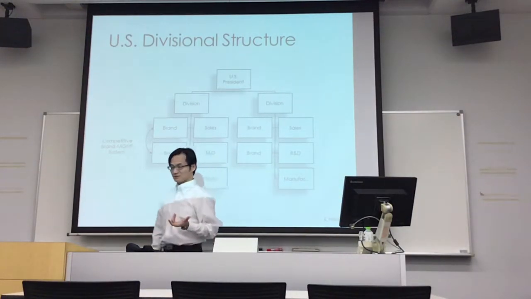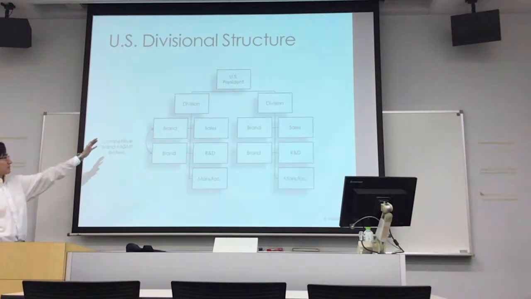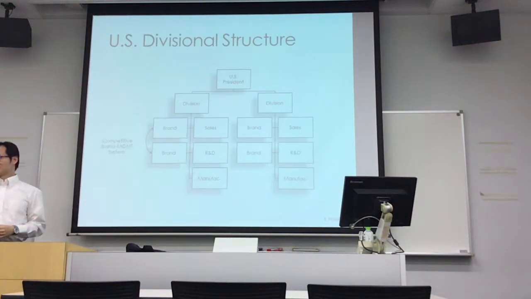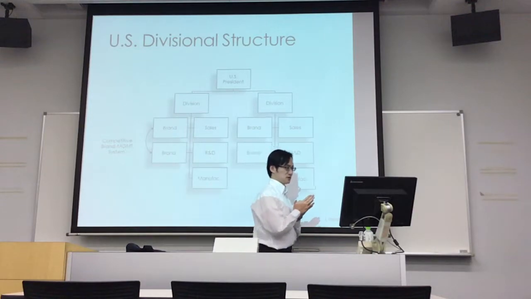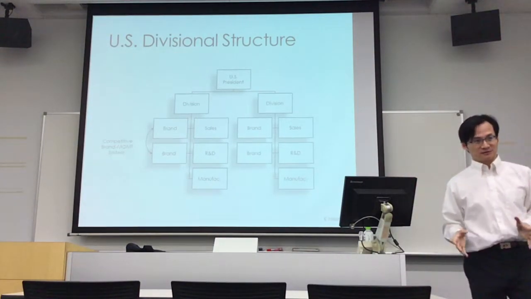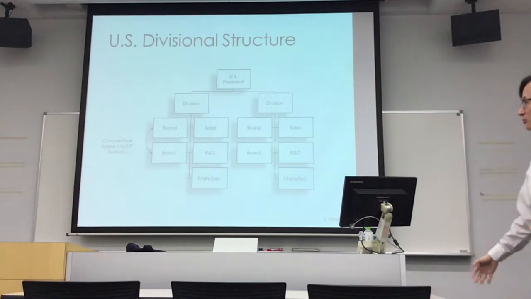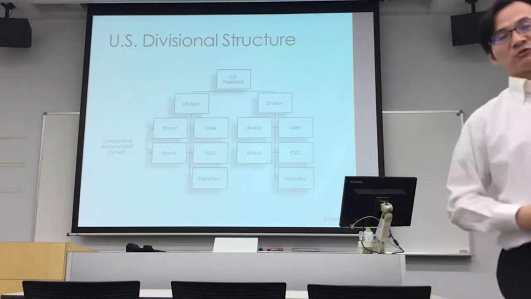Another thing worth noting is that they have a competitive brand management system where different brand managers compete with one another for performance evaluation and career opportunities. Now of course this structure has its good and bad. So we probably have to think about the rationale of implementing that structure back in the old days in the US market. In other words, what this organizational structure is good for.